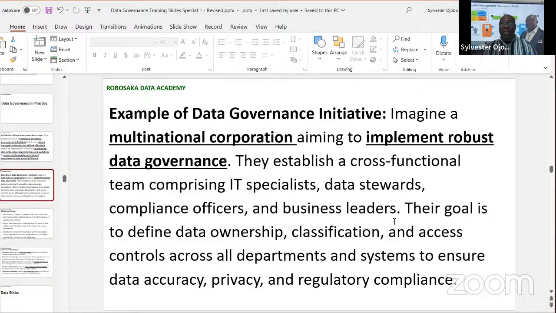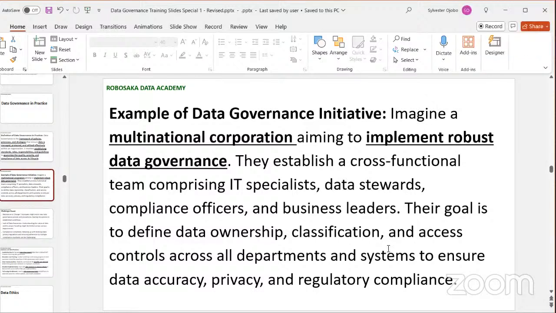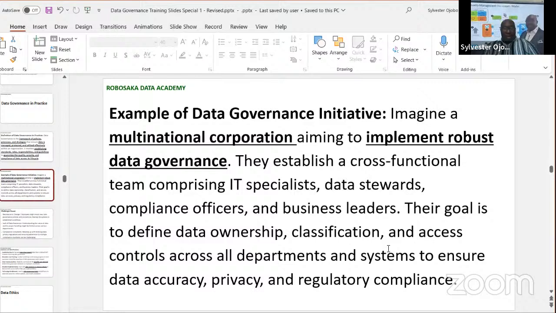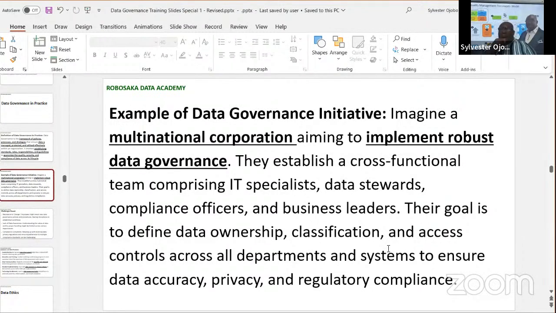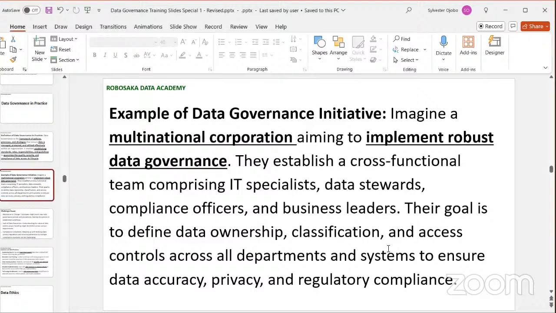In this place, have you seen any team where you can see data governance? Is there any data governance there?